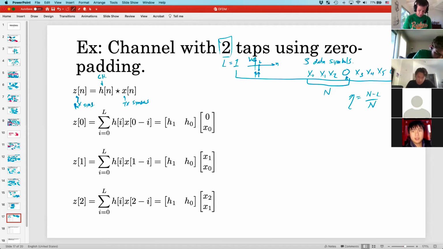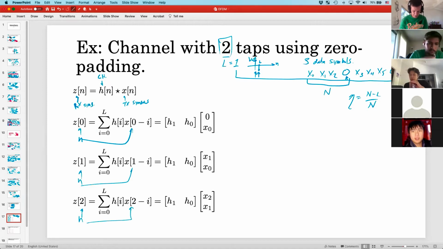Okay, so this is basically an exercise in viewing discrete time convolution as matrix math, right? This is your discrete time convolution at 3 different time instances. These are your n's. All we're doing here is changing these n's to match the n's on the left-hand side, and then recognizing that this pairwise product and then sum is the same as an inner product or a dot product between vectors.